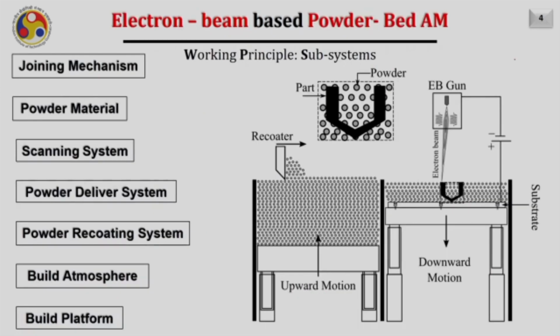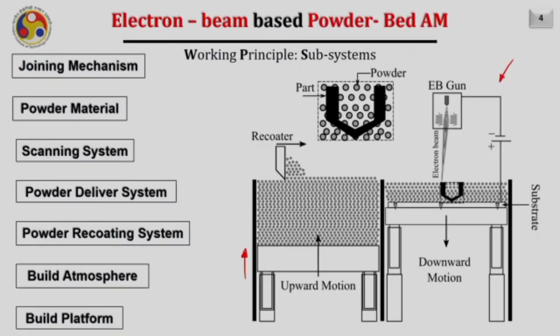This is how a powder bed system typically looks. It can have a powder delivery system like here on the left side. However, in the popular machines for electron beam based powder bed additive manufacturing, a top powder delivery system is utilized. This is mainly because the chamber size should not increase beyond a certain limit; if you increase the chamber size, it will take a lot of time to create the vacuum inside the chamber.